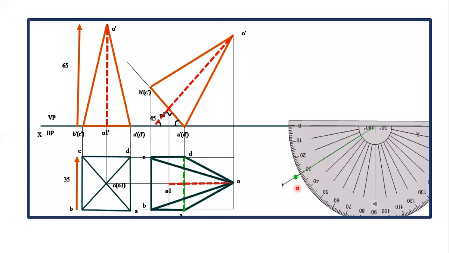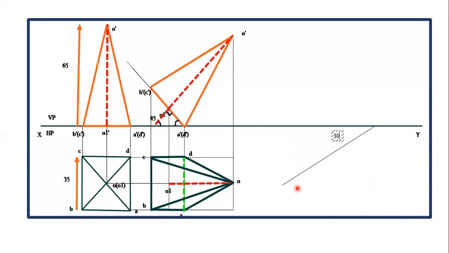Now the third position, inclination with respect to VP. It says the axis is inclined to VP at 30 degrees. Draw a 30-degree inclination line. You can take this inclination line clockwise or anti-clockwise. Now, since it is a beta angle problem, first get the axis true length. That is, it measures 65 mm.